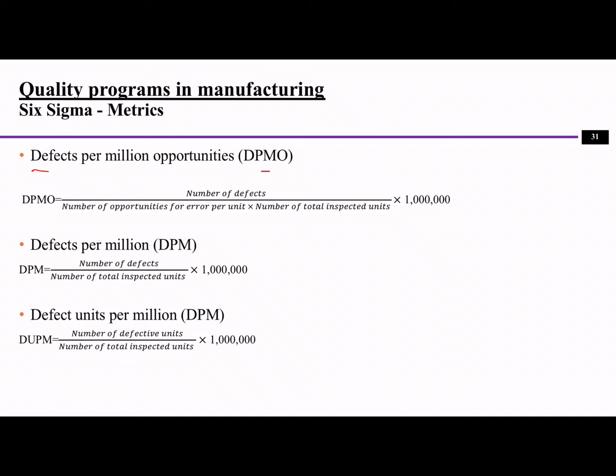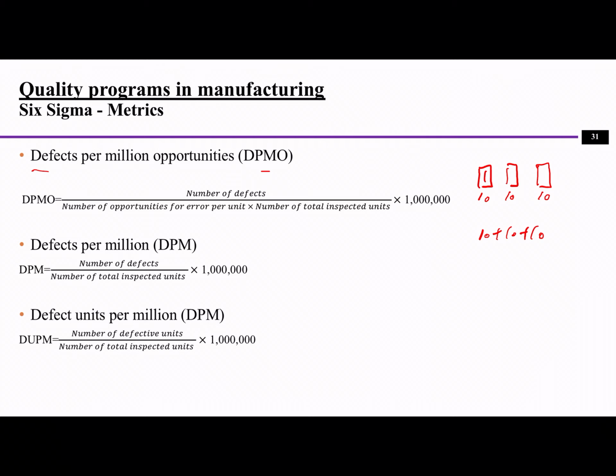For example, I have 3 phones, right? For each phone, I have 10 features. In this case, how many defect opportunities or error opportunities can I have? It will be 10 plus 10 plus 10, right?